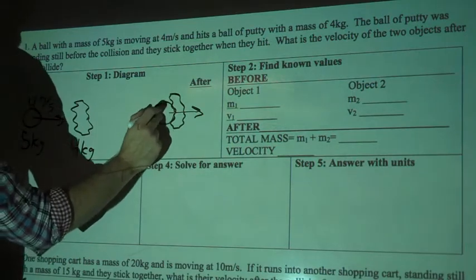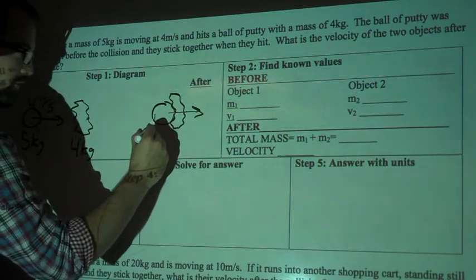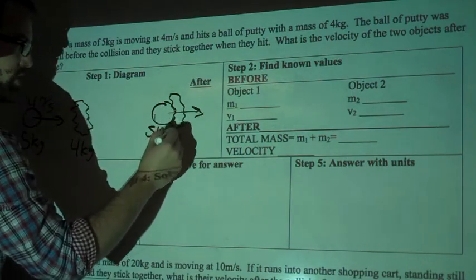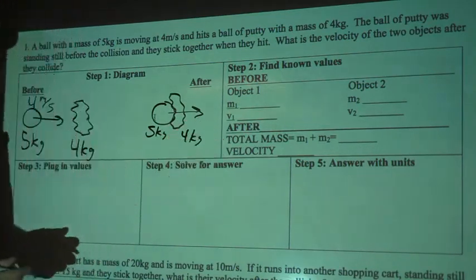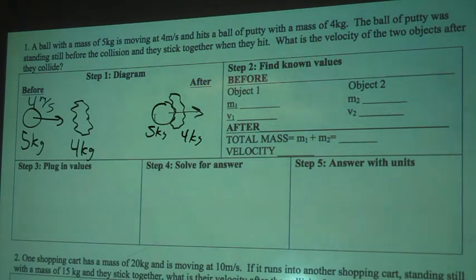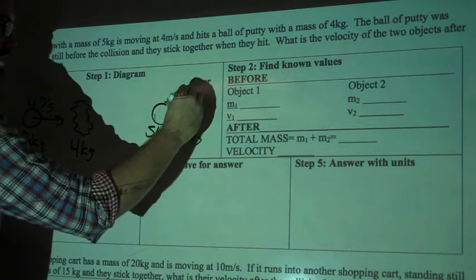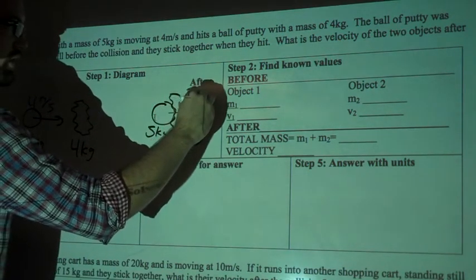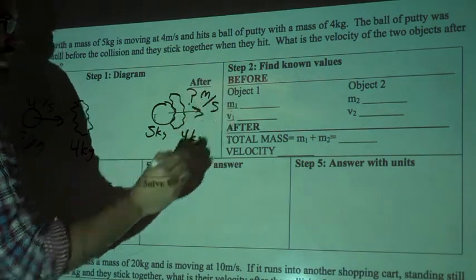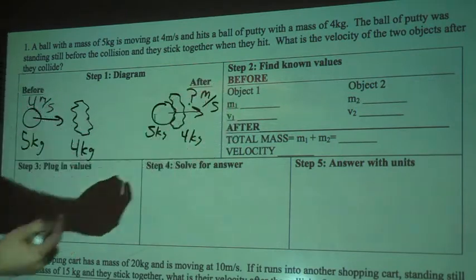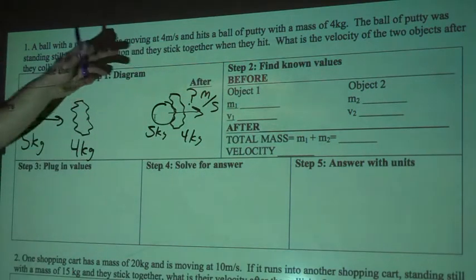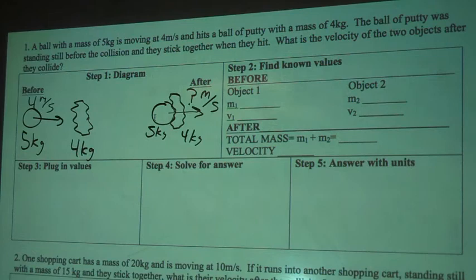Remember, the ball still has a mass of 5 kilograms, and the putty still has a mass of 4 kilograms. And the question is, how fast or how many meters per second are these guys going to be moving? So what we're trying to solve for, and I wrote a question mark meters per second here, is the velocity of the two objects after they collide.